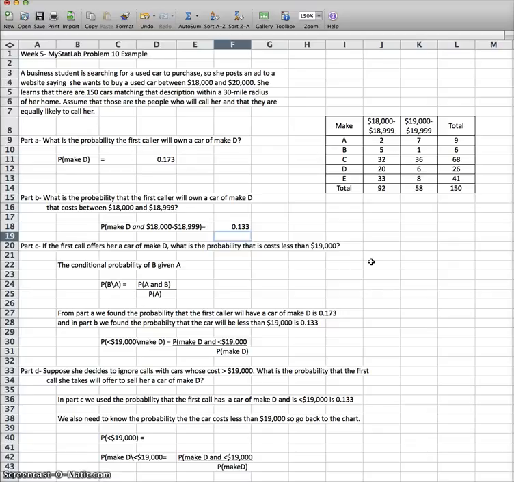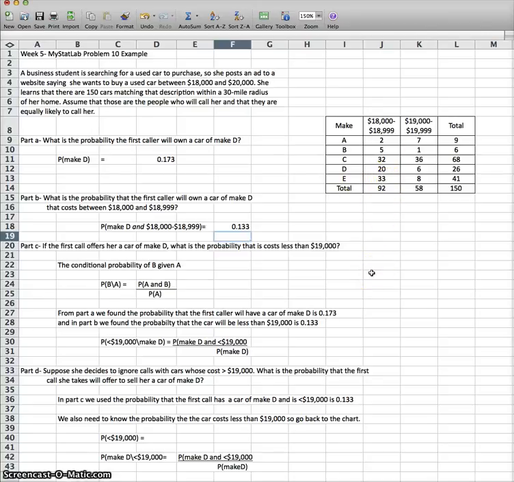If the first call offers her a car of make D, what is the probability that its cost is less than $19,000? Okay, so we know the first caller is going to call, and then is it in this lower category?